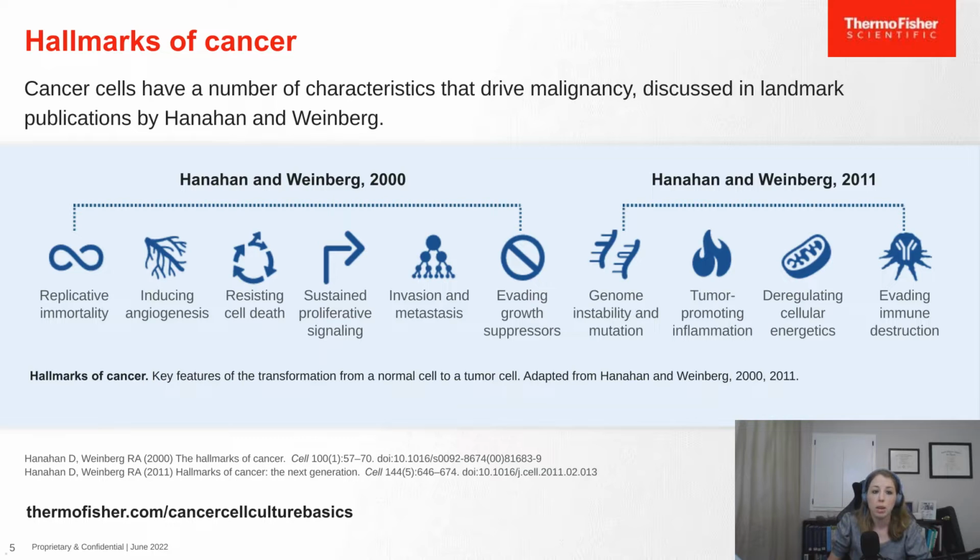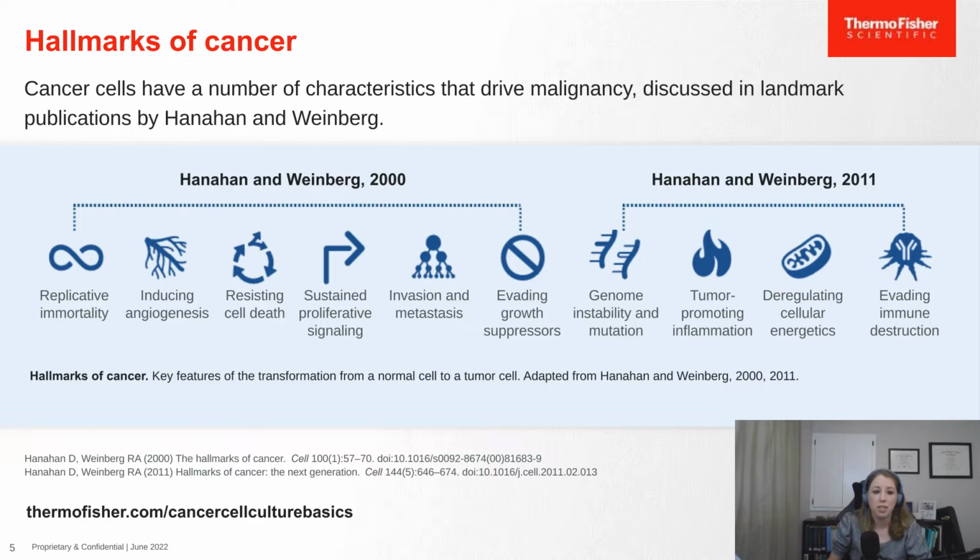Now, we've already spoken about a few of these on the previous slide, namely resisting cell death, sustained proliferative signaling, evading growth suppressors, genome instability and mutation, and evading immune destruction. Others include replicative immortality, tumor-promoting inflammation, and evading immune destruction.